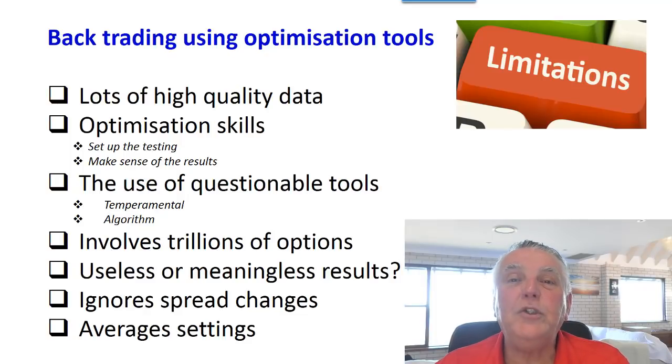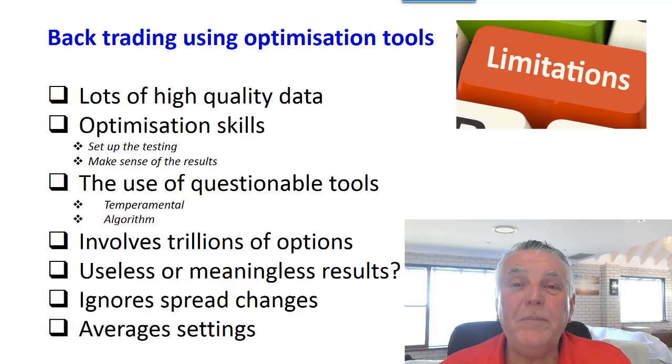Some of the optimization tools that we use, which is the Forex strategy tester, is sometimes not as robust as we'd like it to be. It can be temperamental, and it also uses an algorithm that eliminates a lot of possible profitable settings.